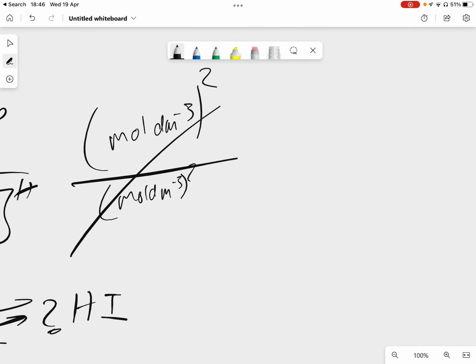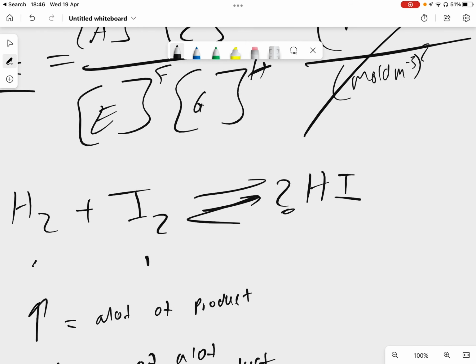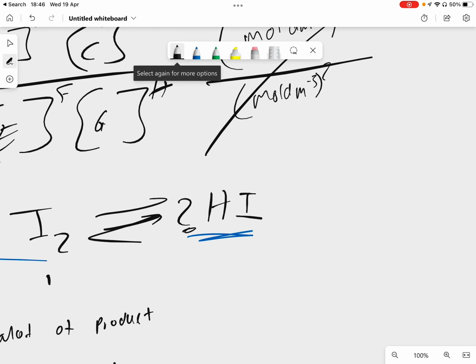So if you think about it, if you've got a high concentration of, let's say, product, that must mean you have a low concentration of reactant. So remember, if you do 1 over 0.01, that's going to give you 100. But if you do it the other way around, you're still going to have 0.01, but it's going to be a lot smaller than 100.